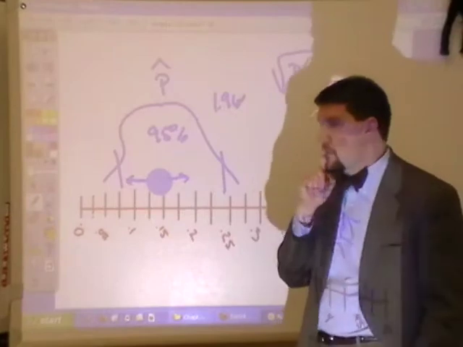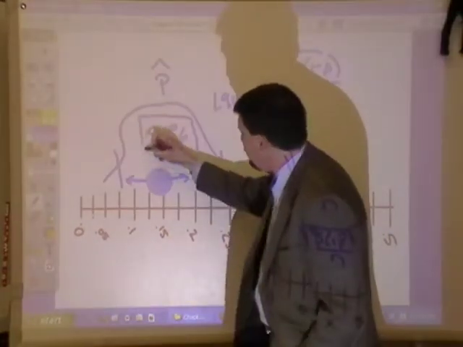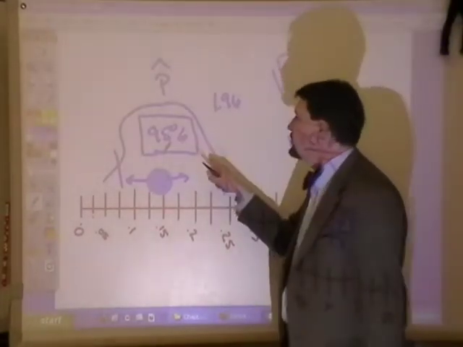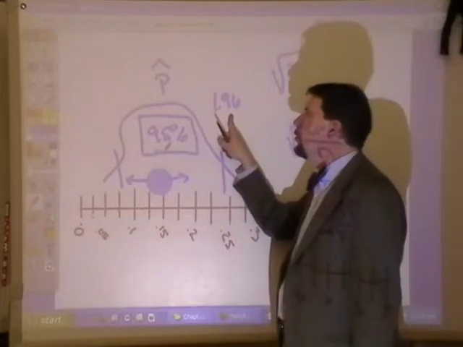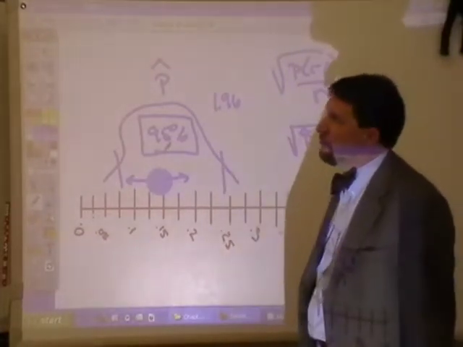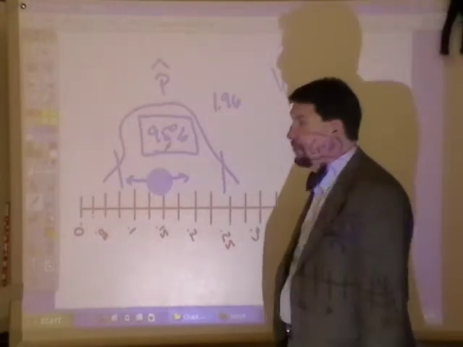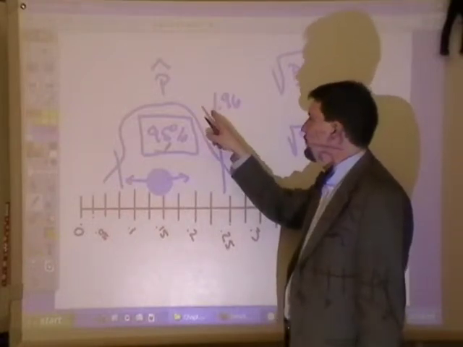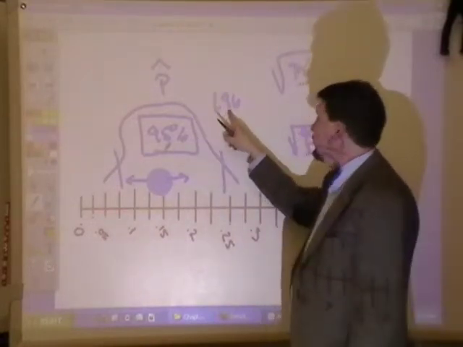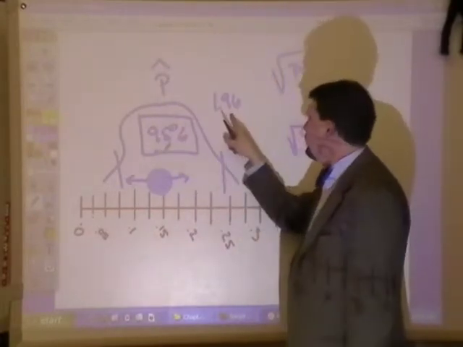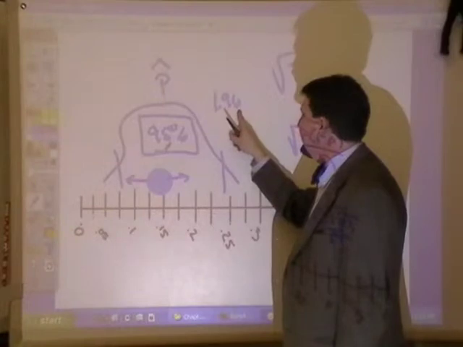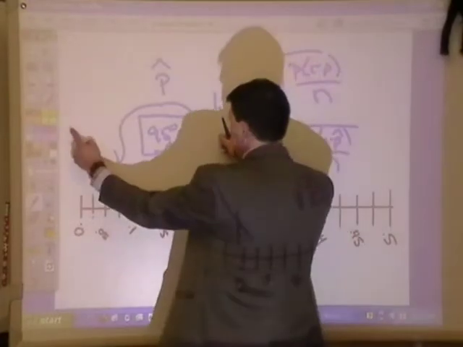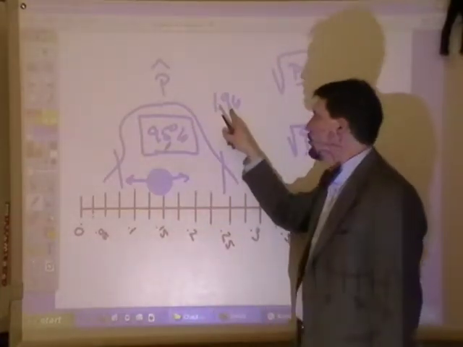That's really important, because we still want to use this 95%. 95% is a great value, a really good number, and it's important to us. But it's not two standard deviations, it's actually 1.96. If I go positive and negative 1.96 standard deviations from the mean, I would include 95%.